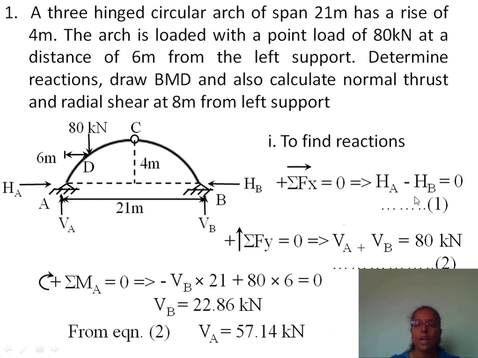Now we come to calculate the values of HA and HB. We have applied 3 equilibrium conditions. The other condition that we have is the compatibility condition that the bending moment at C is 0. Bending moment means the algebraic summation of moments of all the forces either from the left or from the right.